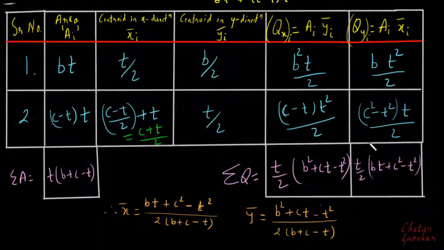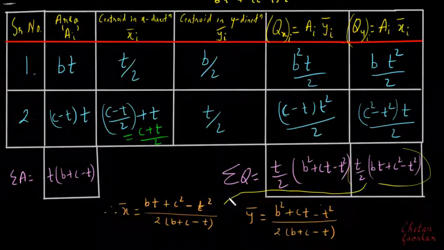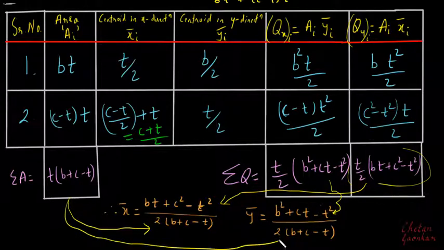So this term divided by this term will give me x bar, and y bar will be this term divided by this term.